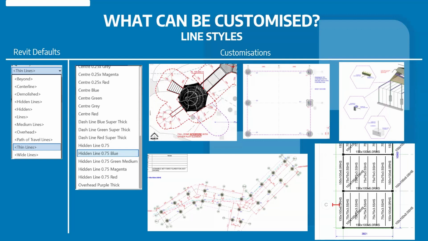But that's a kind of hassle. Just imagine in this playground structure, you have so much line drawing, and if you have to select one by one, and then you have to change one by one by the pattern, by the color, by the line weight, it's going to be a too long, time-consuming process. So it's better to create one line style, then you can just click it and done.